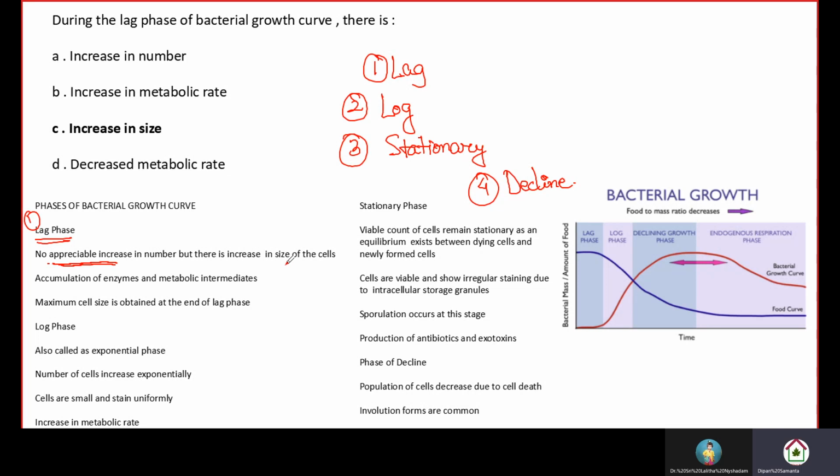But there is an increase in the size of the cell. So in lag phase, basically, there will be an increase in size of the cell. Accumulation of enzymes and metabolic intermediates occurs. Accumulation of enzyme means enzyme will increase.